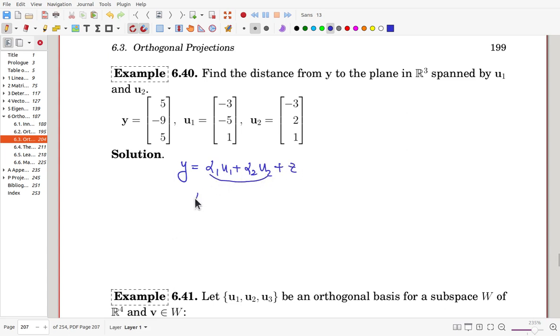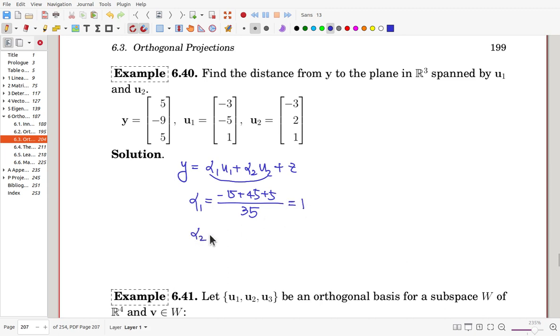Now alpha 1 is y dot u1: minus 15 plus 45 plus 5, divided by u1 dot u1, which is 9, 25, 1, so that is 35. That is 50 minus 15, which is 35, so that is 1.